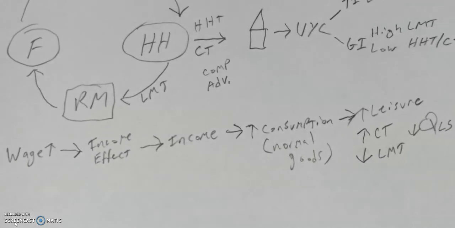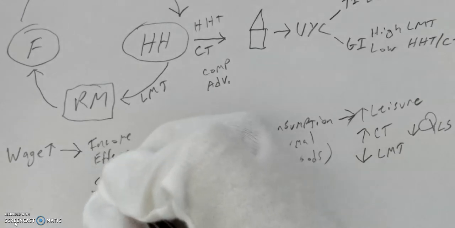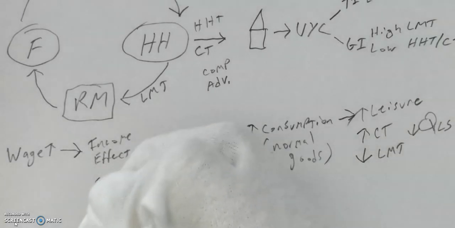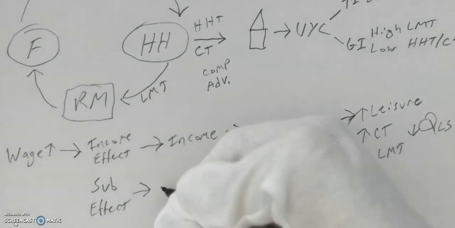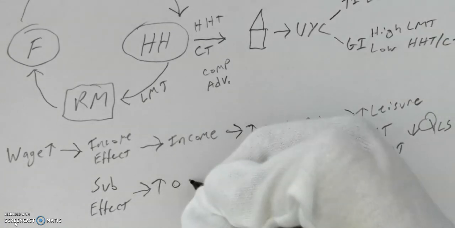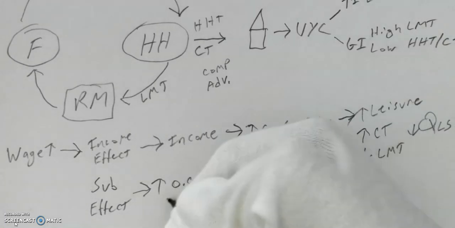Now, the other effect is the substitution effect. Let's go up here. As we'll say, the substitution effect leads to an increase in the opportunity cost of leisure.